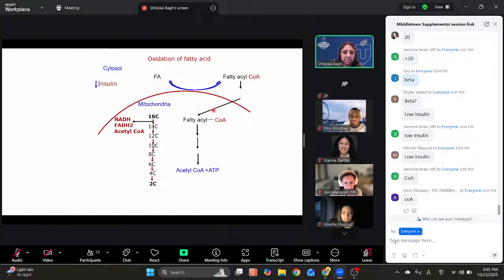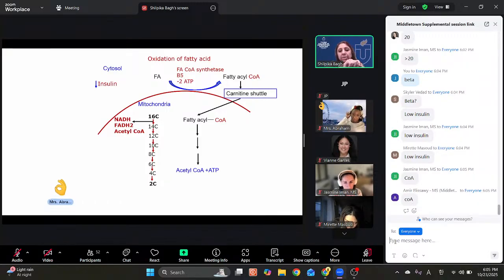Then you push this with the help of the carnitine shuttle. What does the carnitine shuttle have? Carnitine as a carrier, CPT1 outer, CPT2 inner, and then there's acyl transferase. So why do you need carnitine in fatty acid oxidation?